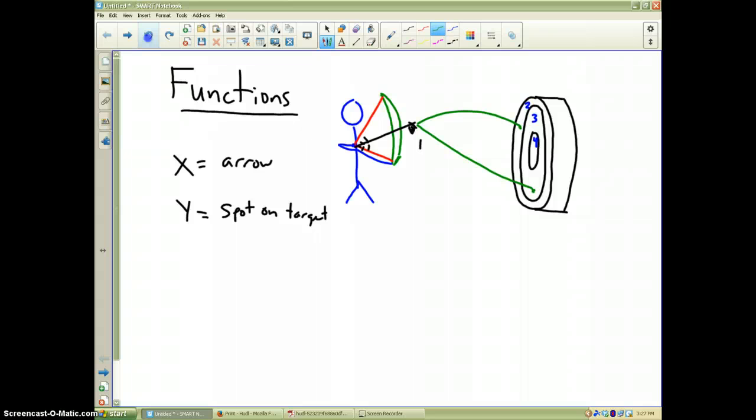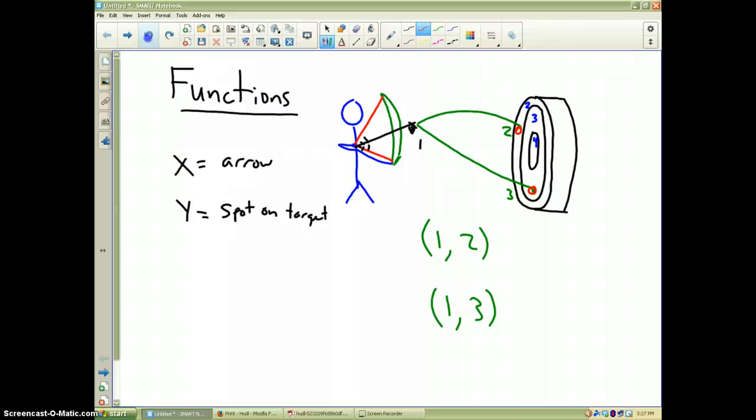So is it possible for x to have a value of 1 and end up at 2 and at 3, one arrow at the same time? Well, obviously we all know that one arrow at the same time cannot end up at 2 different spots on the target. This is physically impossible.